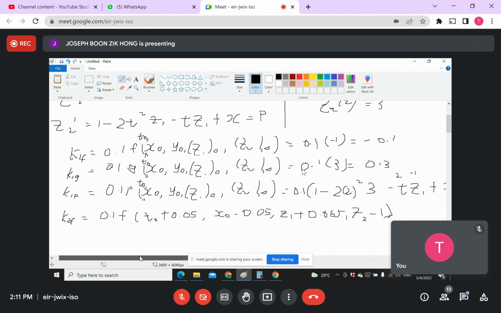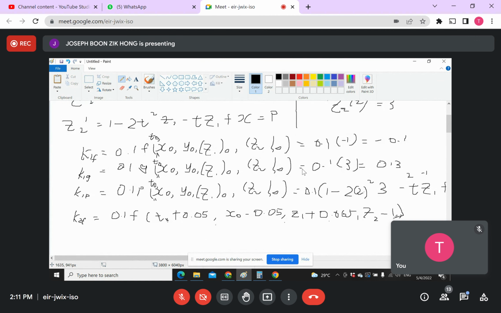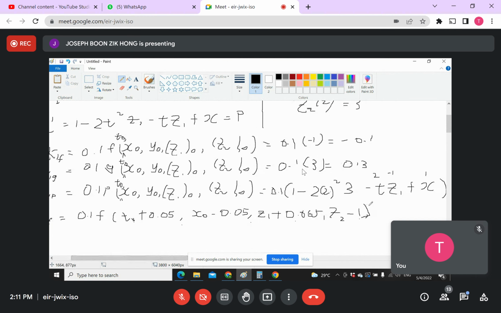So we will use this O in order to get the K1F, K2F, K2G, K2P. So it will be 0.1. F is just taking the Z1. Okay, so we're just taking this one. So now what is the Z1 again?